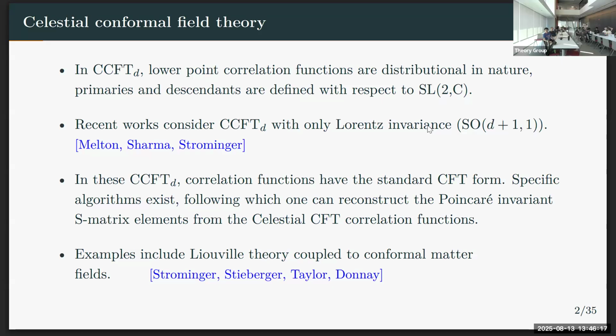So what I said was that the celestial CFT's symmetry group is the Poincaré group, but there are a lot of problems associated with this, primarily the distributional nature of these correlation functions.